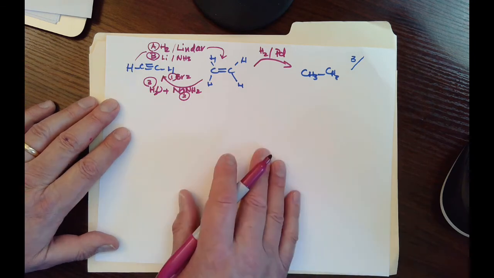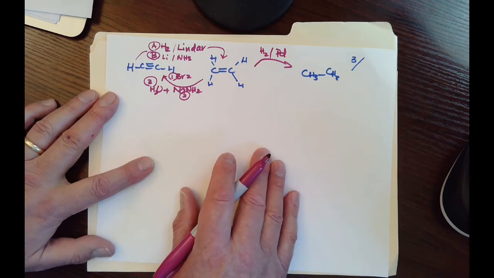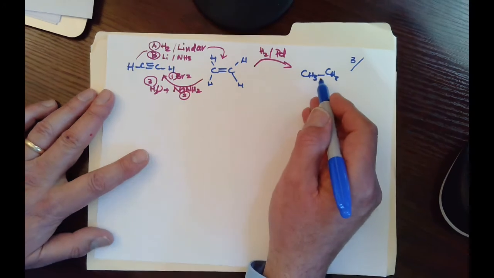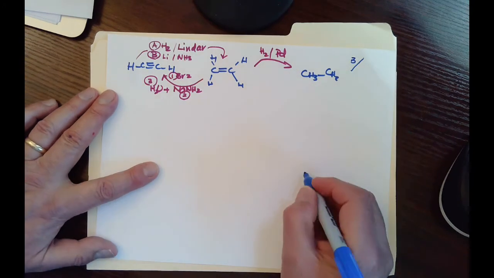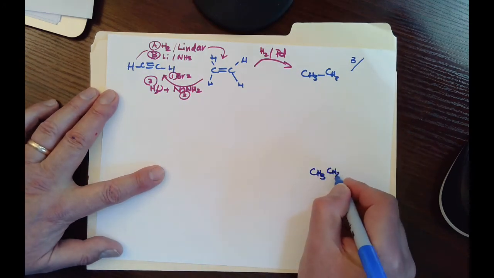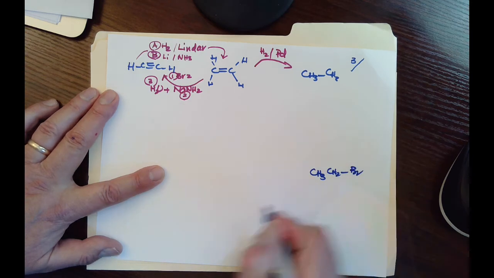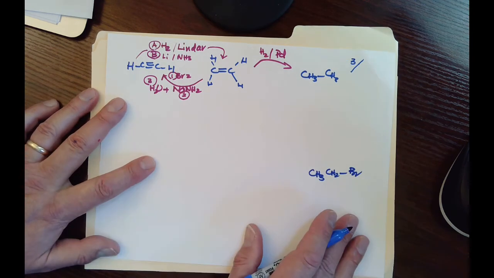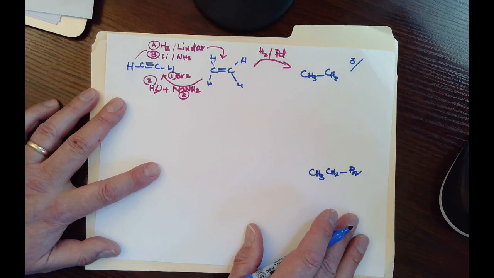So at this point, we're not practicing that. But I also ask you to go from an alkane to an alkyl halide. So in this case, I have CH3 CH2Br. So we are just going from the alkane to the alkyl halide.